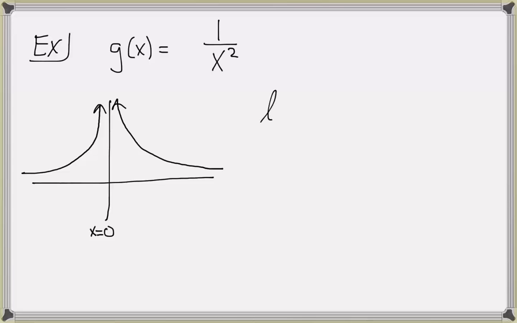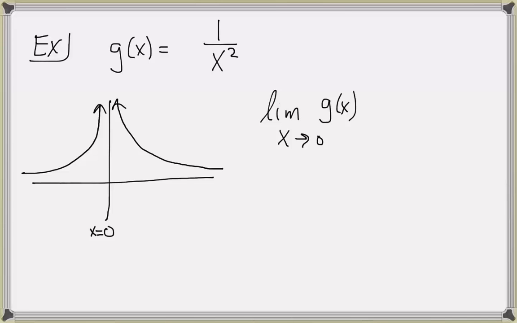So consider the limit of g of x as x approaches 0. Well, as you can see from the graph, the values of g of x are getting larger and larger as x gets closer and closer to 0. But these values are not stopping anywhere.